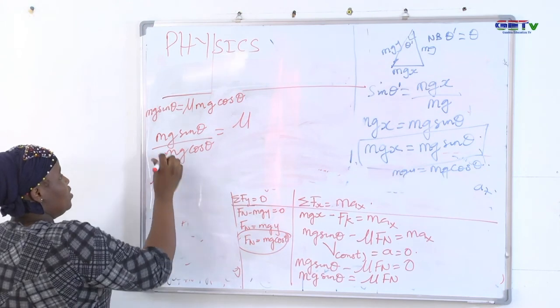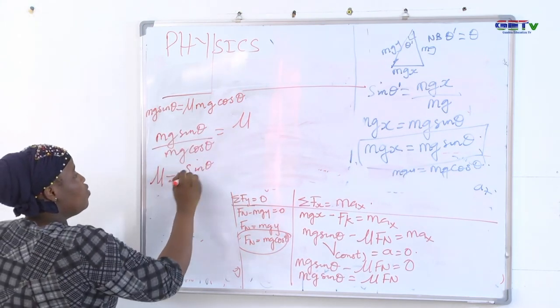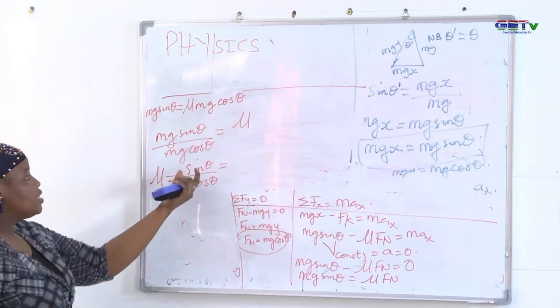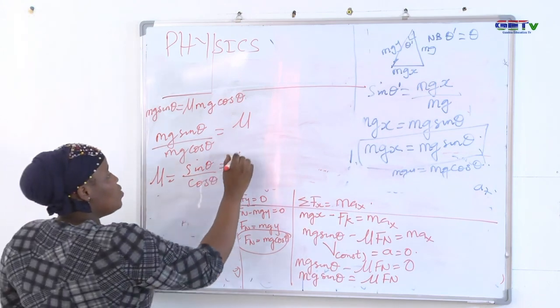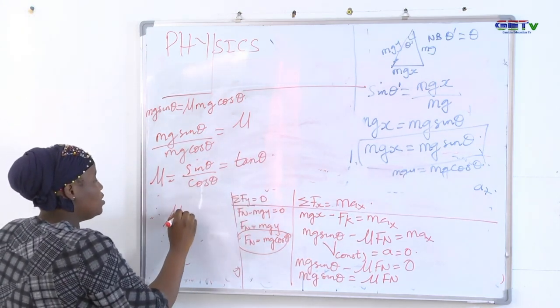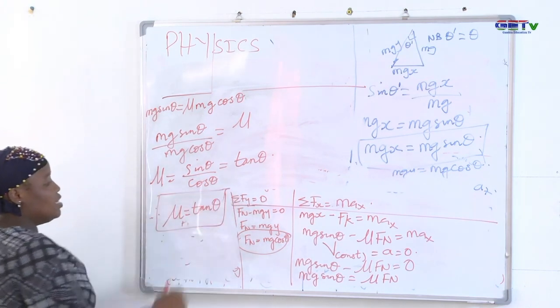Mu is equivalent to, the mg will cancel, we are left with sine theta all over cosine of theta. And from the study of trigonometry, we know sine theta over cosine of theta will always give us tan theta. So in short, mu is just given as tan times the angle of inclination.